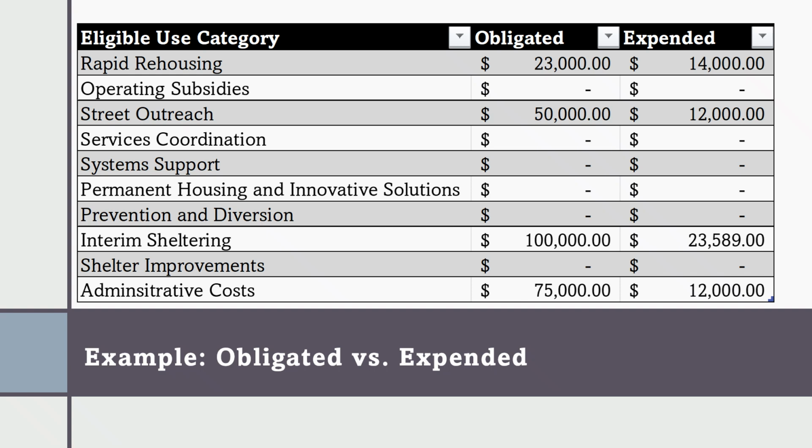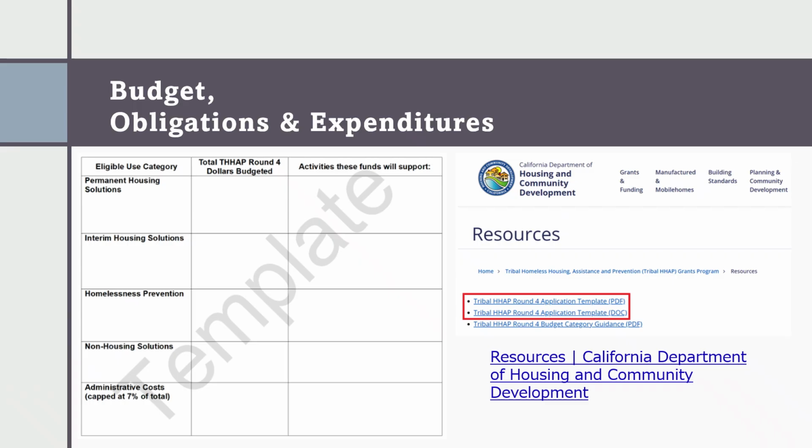The Tribal HAP team each quarter captures how much of each grantee's program funds have been expended. The purpose of tracking this is to ensure each grantee is on track of meeting their grant's expenditure deadline. During each reporting period, the Tribal HAP team also reviews the report to ensure the eligible categories match the grantee's budget.